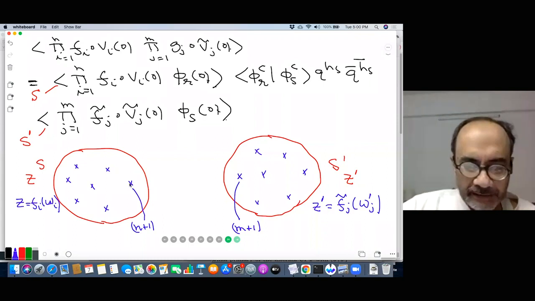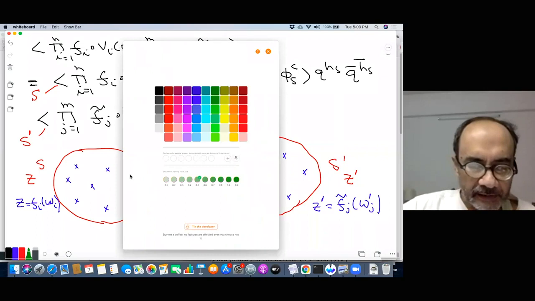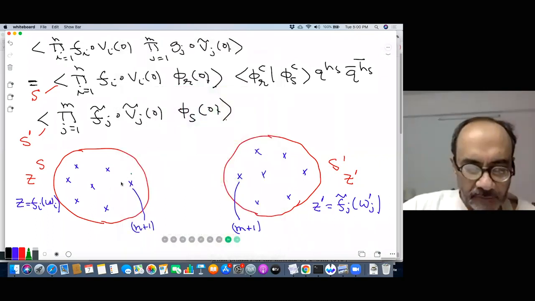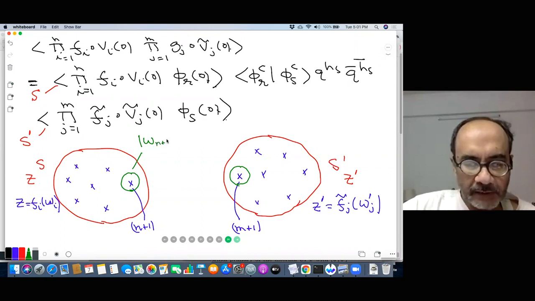Now let's consider a small circle around this, and a small circle around this. This circle is defined by w n plus 1 equal to mod q to the half.